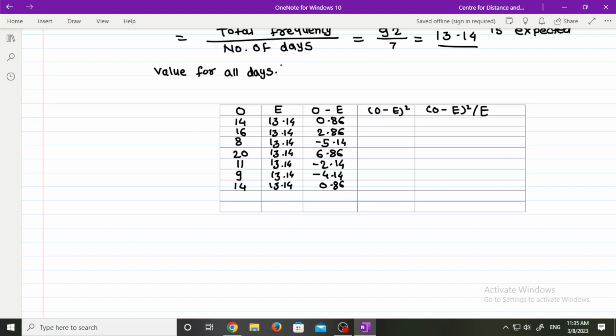After this, we have to calculate O minus E bracket square, that is 0.86 squared is 0.7396, square of 2.86 is 8.1796, square of minus 5.14 is 26.4196, then 47.0596. Then square of minus 2.14 is plus 4.5796.